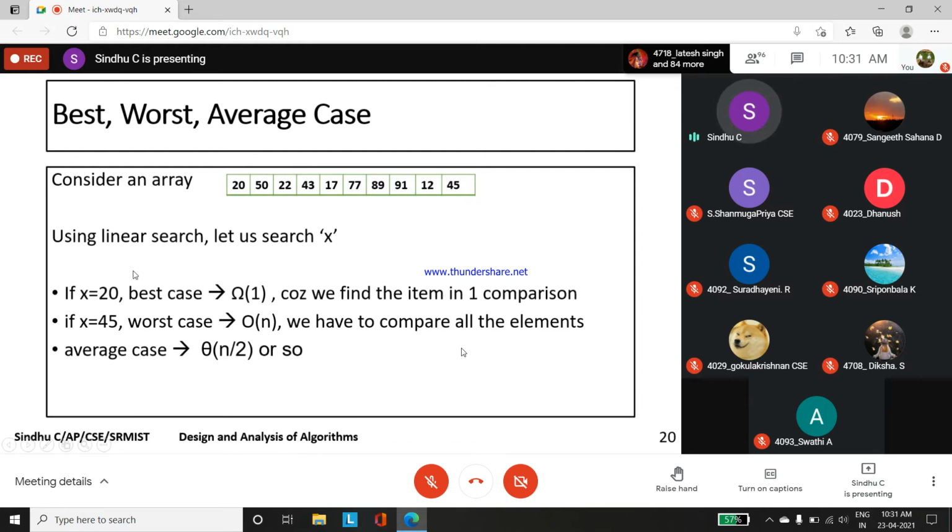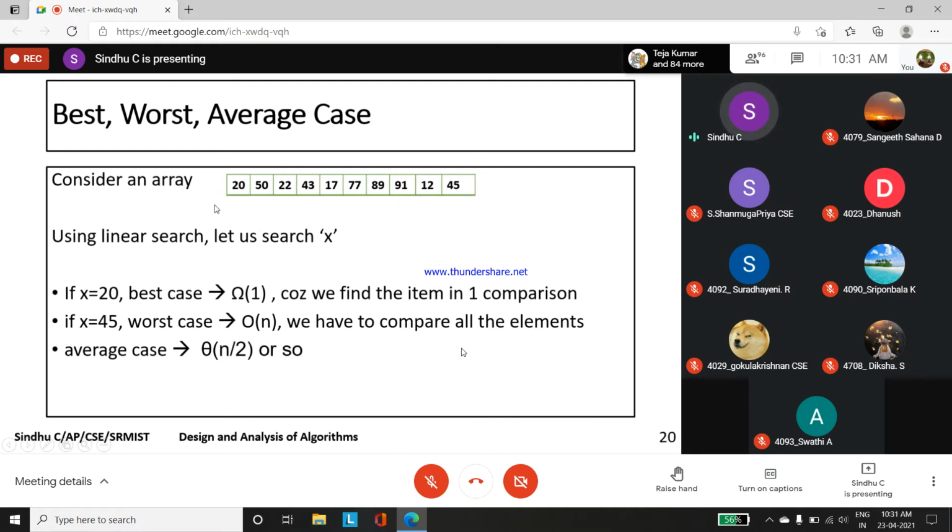So the first case is the best case, right? Where, say for example, if this X is 20, our hit will be in the very first comparison, right? So in the very first step, if we identify the required element, then that is the best case. This is called omega, and this represents the best case. And the worst case is when I want to find an element 45, but it is a linear search.